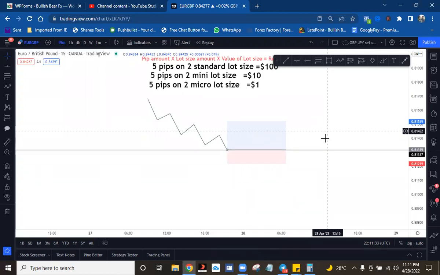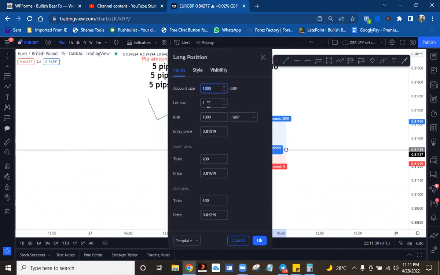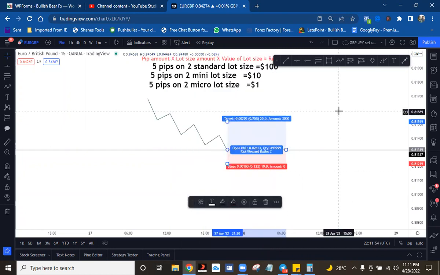So I decided that I want to take this trade on one standard lot size, or I want to take it on two standard lot size. If I take a trade on two standard lot size, tell me how much am I risking and how much am I targeting? My take profit is 20 pips. My stop loss is 10 pips. I'm using two standard lot size.